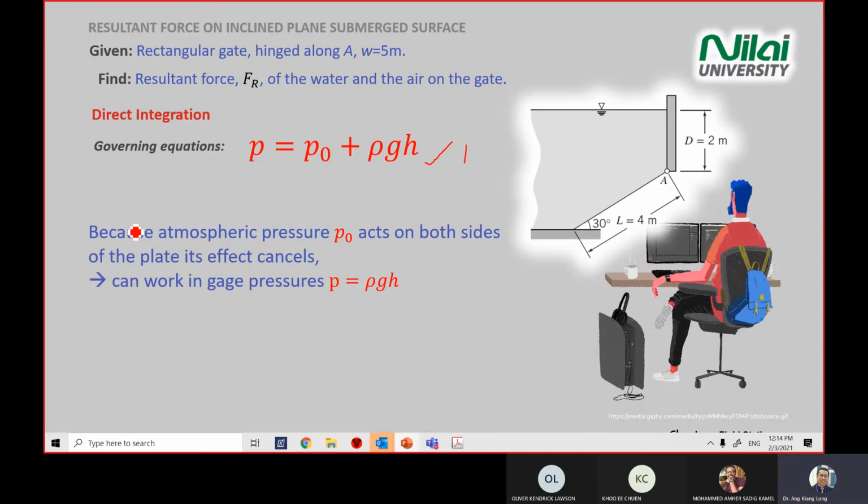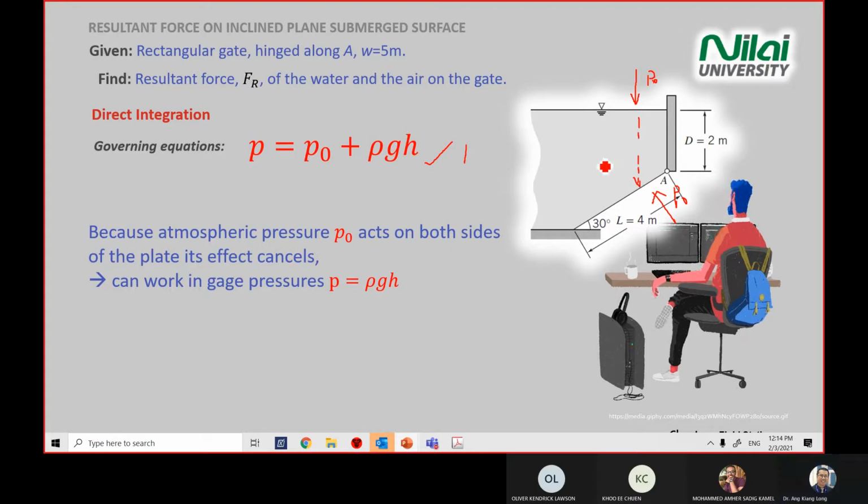Take note that in this question, our P0, or our ambient pressure, acts on both sides, which means P0 and P0 also here. Why can we say P0 is also acting on this surface?